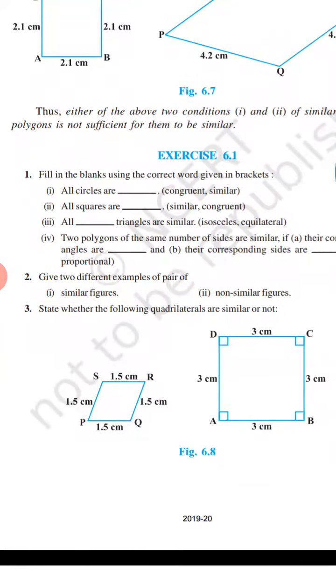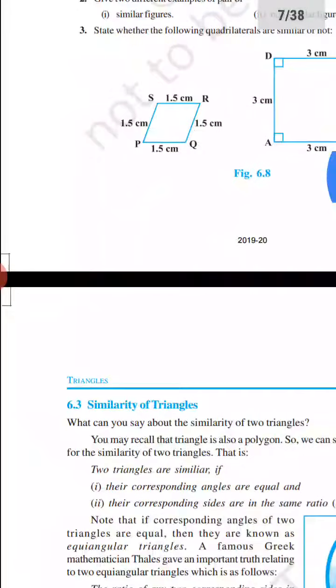State whether the following quadrilaterals are similar or not. Now you see that the angles are not equal, though the sides are proportional, that is, the ratio is the same, but the angles are not equal, so they are not similar.